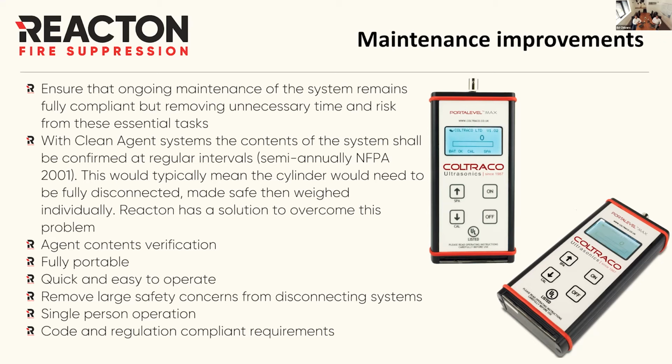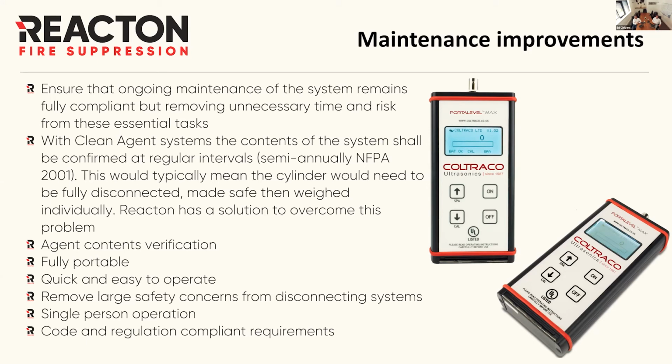A typical process is to weigh the system. And before you weigh a system, you obviously have to make sure it's safe, disconnect it, and then weigh it. So there's a lot of downtime associated with that, and a lot of risk as well, because these are pressurized vessels, and you may need two people. And when you put all of that at 300 meters up in the air with specially trained people, it starts getting very expensive, and there needs to be a better way of doing it.